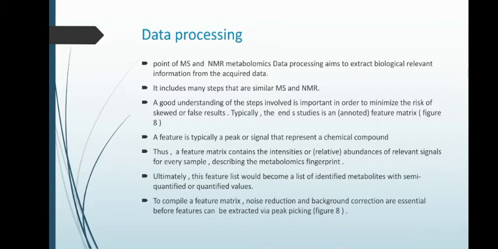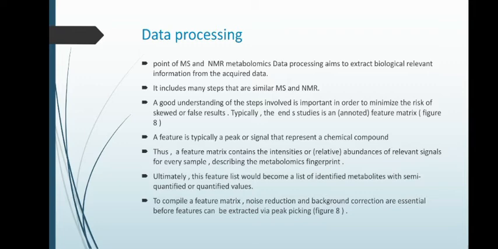A feature matrix contains the intensities or relative abundances of relevant signals for every sample, describing the metabolomic fingerprint. Ultimately, this feature list would become a list of identified metabolites with semi-quantified or quantified values.